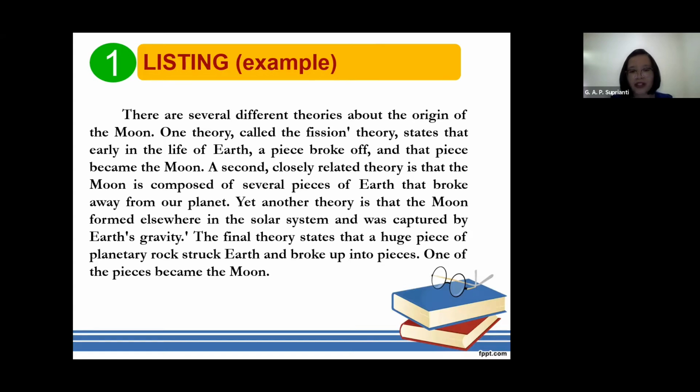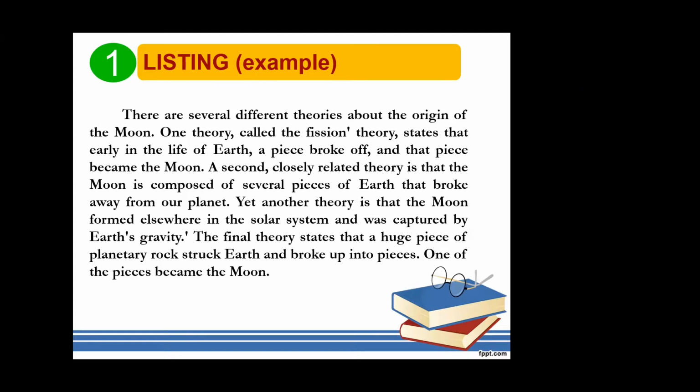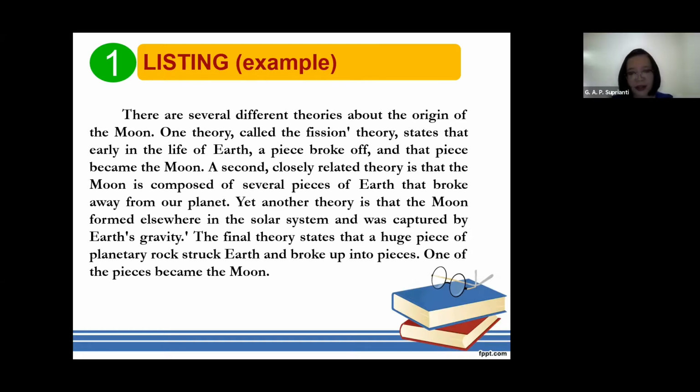Now I want you to identify the theories, and Dwi Antara will do the first theory. Which one is the first theory, Dwi? The first theory is called the fission theory, Miss. All right, thank you, Dwi. So Dwi said the first theory is called the fission theory.